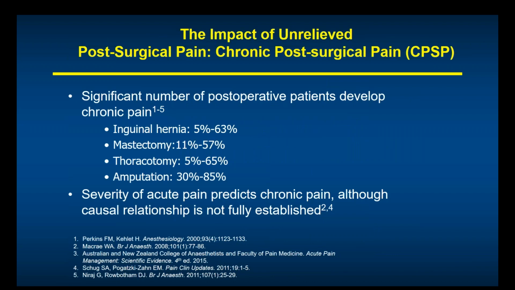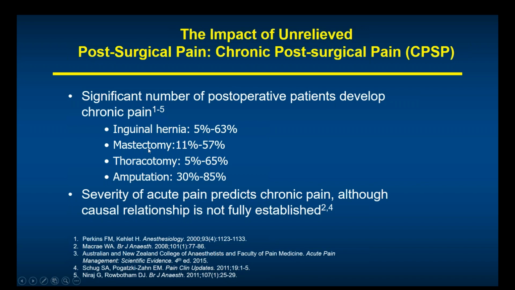Taking, for example, the consequences of just not relieving acute post-surgical pain. Patients who have unrelieved post-surgical pain with certain procedures can run the risk of getting chronic post-surgical pain. I've listed the different surgeries that are associated with a very high incidence of developing a chronic post-surgical pain syndrome.